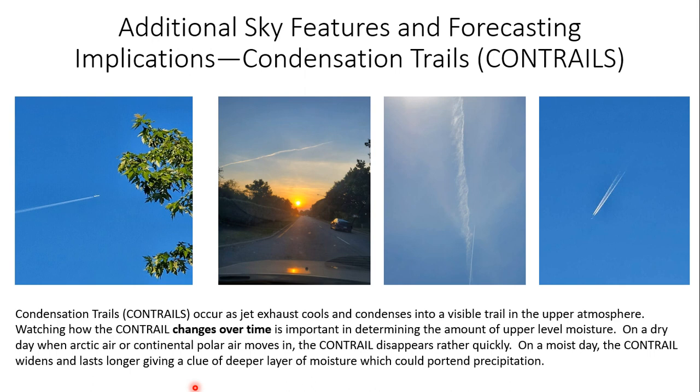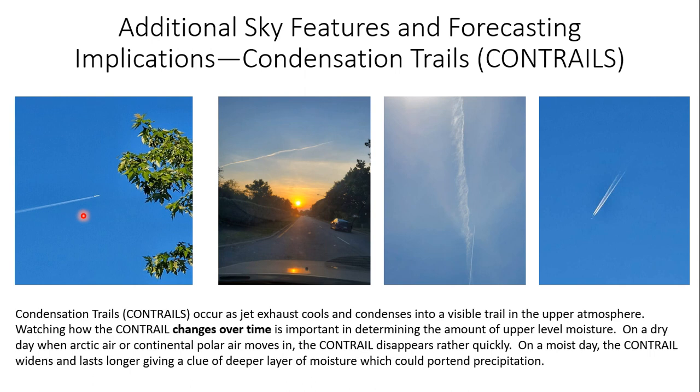I look for 2 things when I look at condensation trails. The first thing is, how long do these contrails last? Do they dissipate rather rapidly behind the plane, or do they linger? If they dissipate rapidly behind the plane, it generally indicates a very dry upper atmosphere.